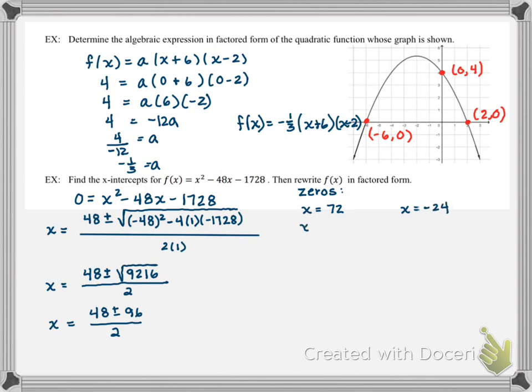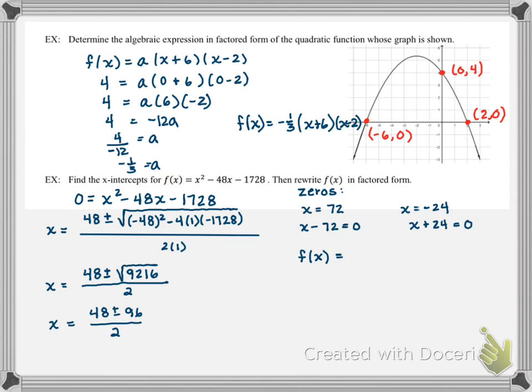Okay, so this gives us x minus 72 equals 0 and x plus 24 equals 0. So remember what we noticed yesterday, that in all the forms of the function, a is the same. So what should my a be?